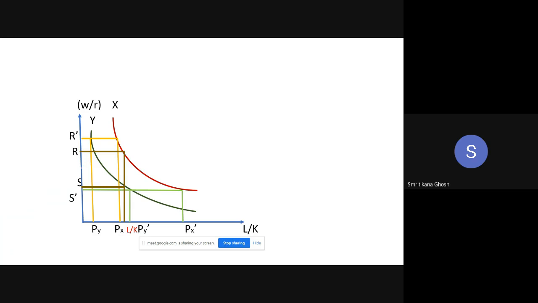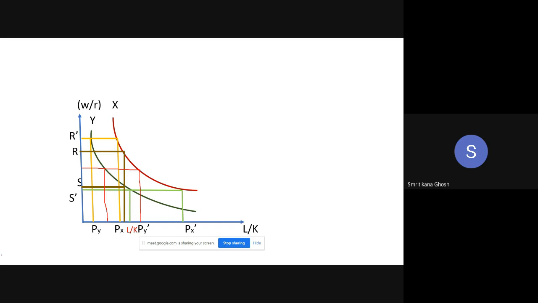So say your wage rental ratio is this, within RS. Now given this, look, this is the L by K demanded by X sector. And this is the L by K demanded by the Y sector. And these two things are just the two sides of L by K which is available.